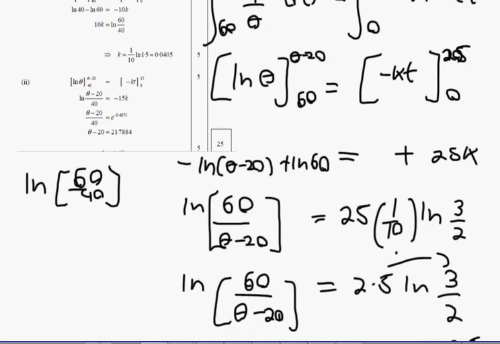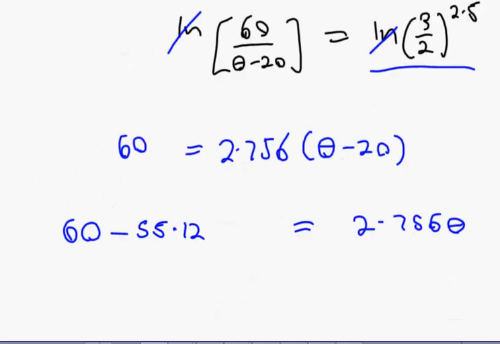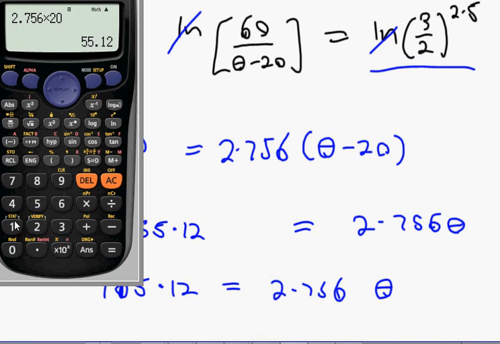Sorry? 4.88. Oh, we're adding. Sorry, excuse me, we're adding because it's negative on that side, so it's going to be 115.12 equals 2.756 theta. Now divide 115 by 2.756.